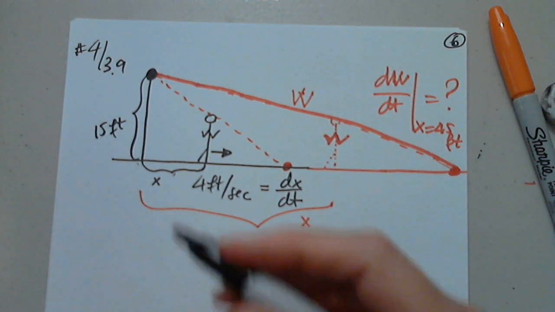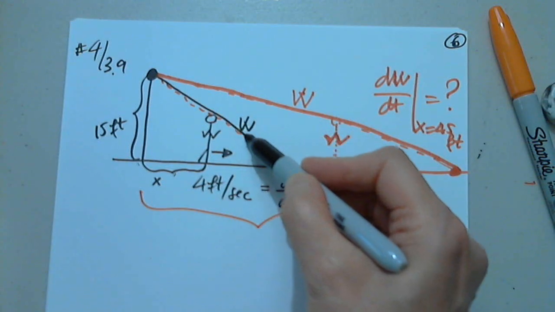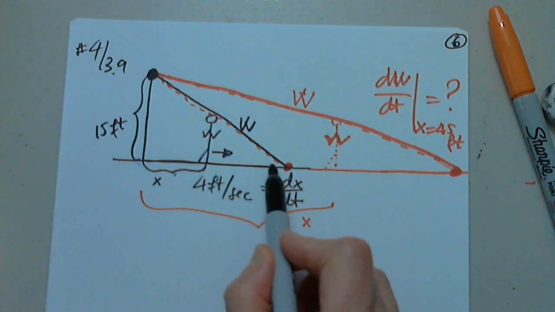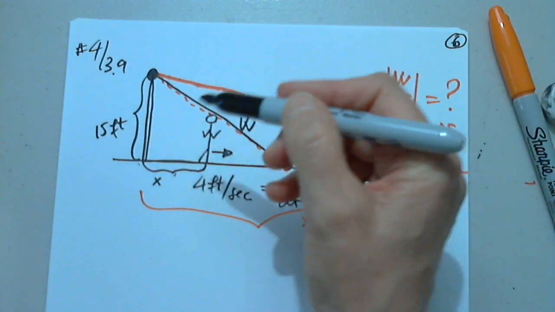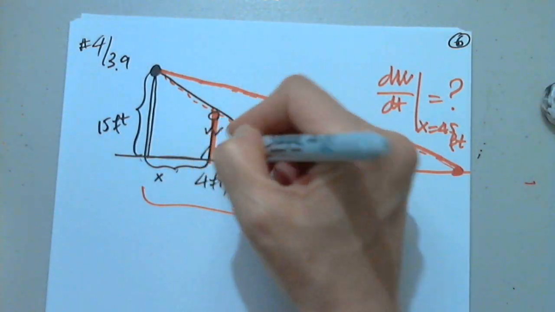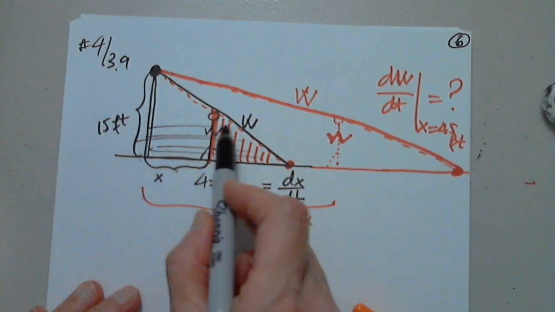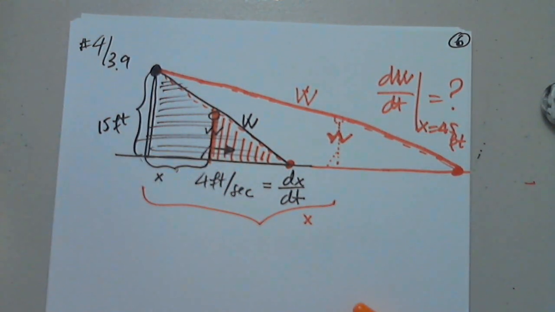So in this triangle, again, we have two triangles. This triangle and this triangle. Okay, and they are similar.